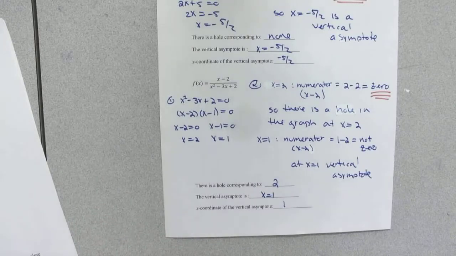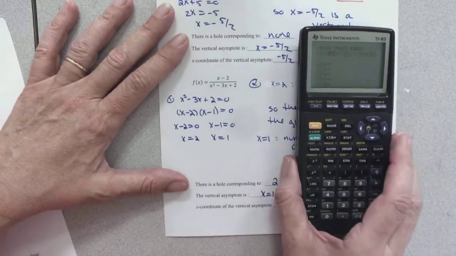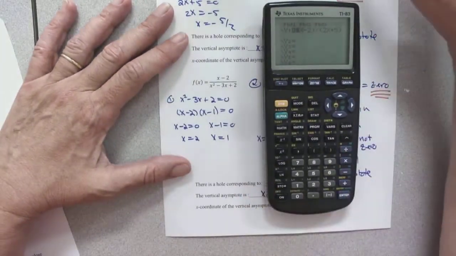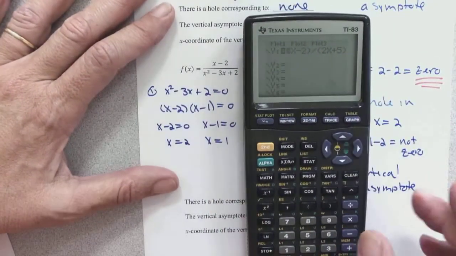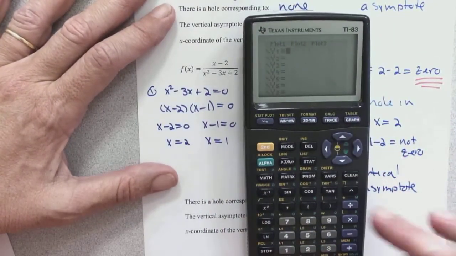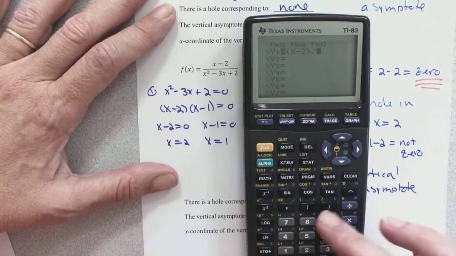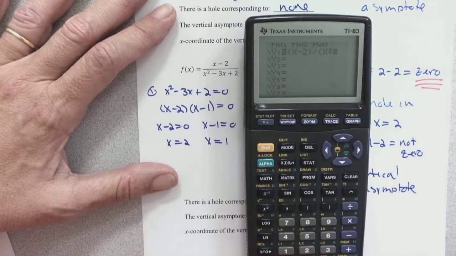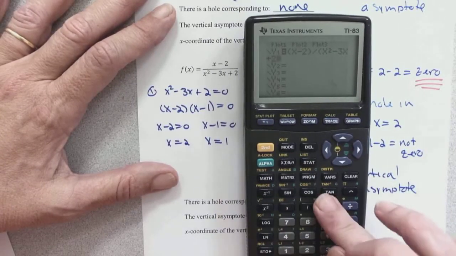And now this too will check. Now we're going to have to futz around a little bit to make it check, but it will check by looking at a picture. So again, I'm going to put the original function in there. Let's zoom in so we can see that better. x minus 2 divided by x squared minus 3x plus 2.